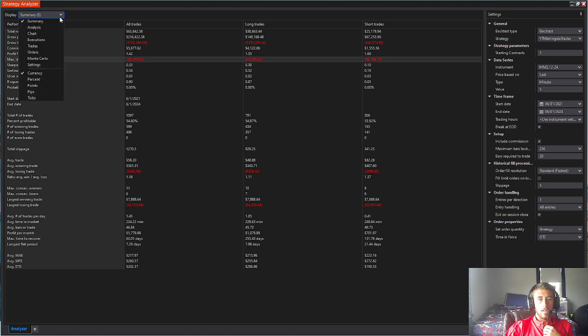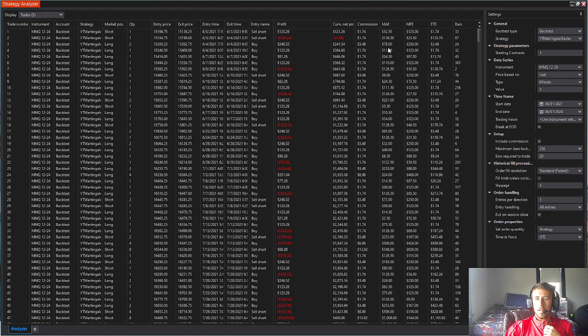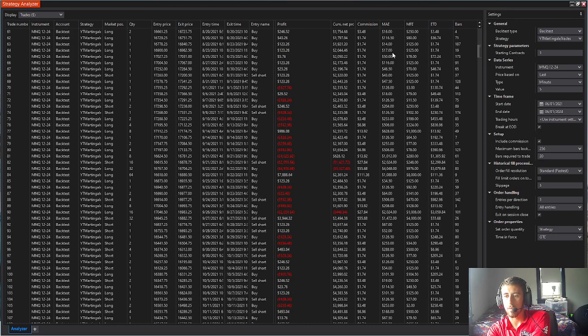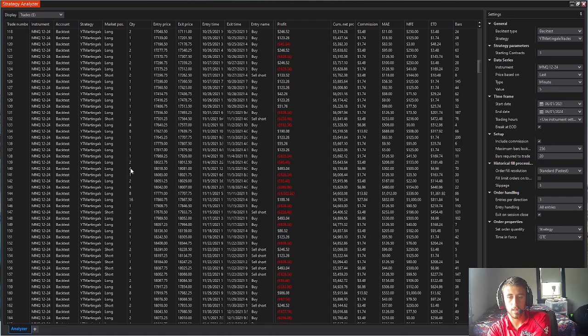Let's see. In the trades, we should be able to see the max adverse excursion, which is basically the most drawdown you are in. So at one point we were in 64 contracts. I think that's the largest.